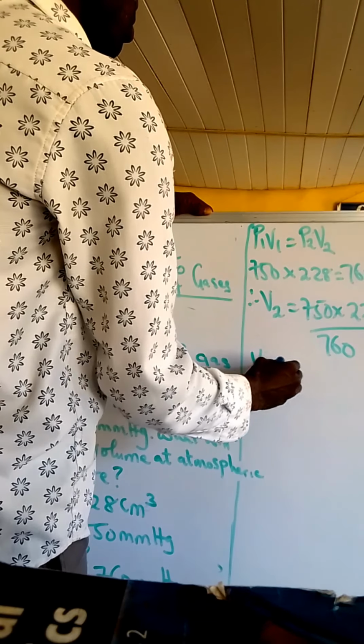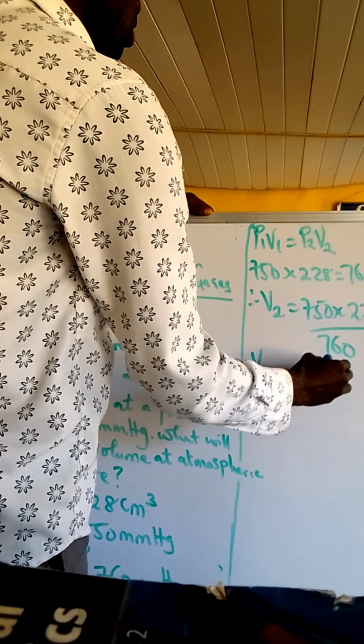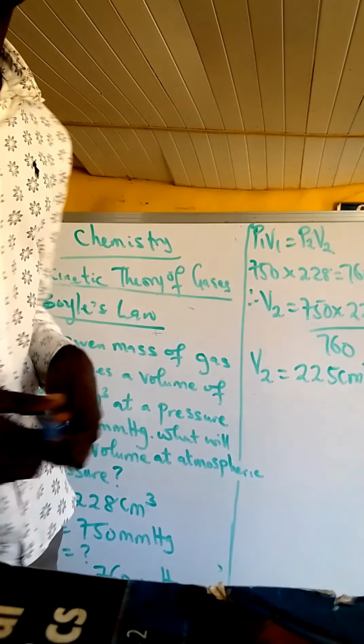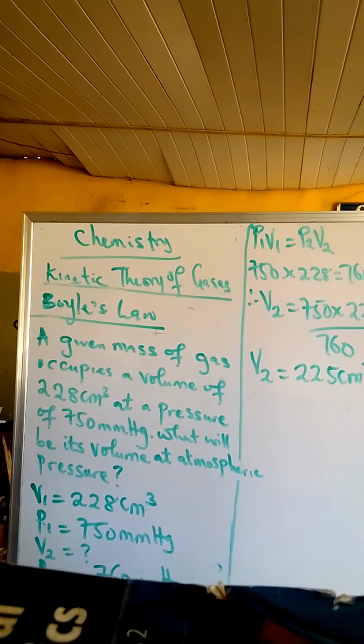Therefore, our V2 is 225 cm cube. That is our V2 here.